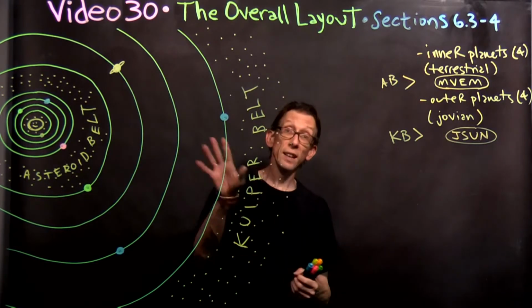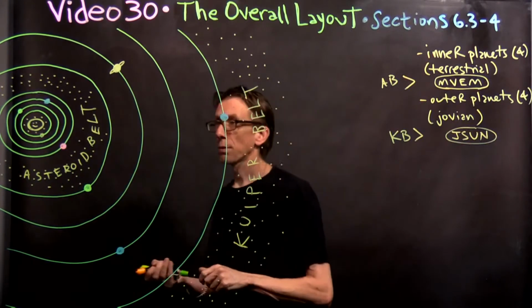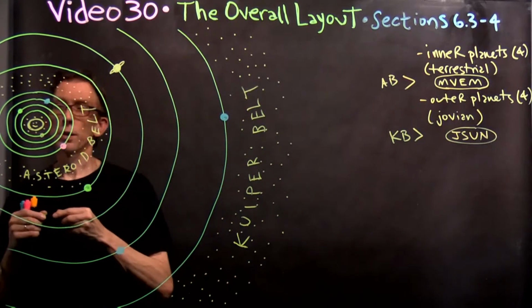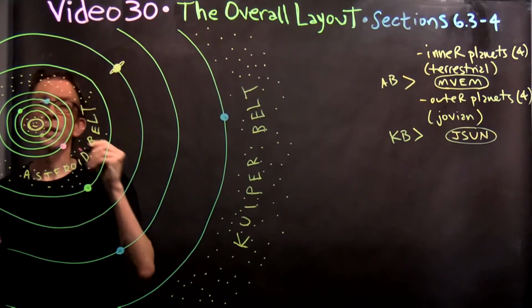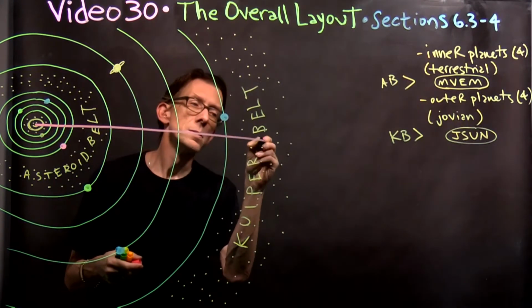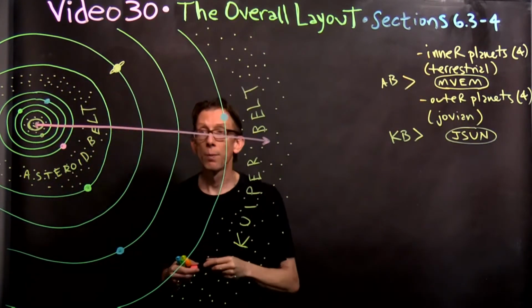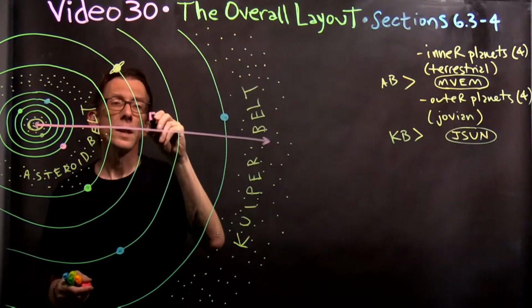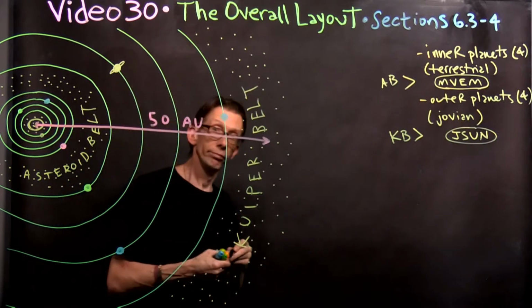Now this whole thing, like I said, let me go back to this now, is really big. From the Sun to the Kuiper Belt, let me see what color I should use for this, maybe pink. From the Sun out to the main part of the Kuiper Belt is about 50 AUs.